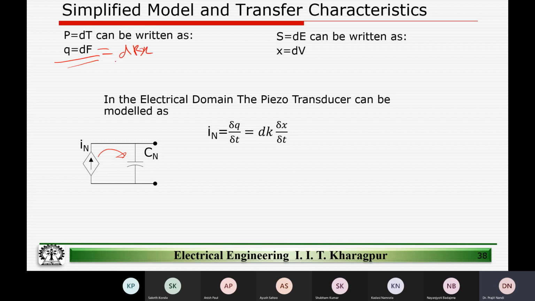So Q is nothing but dF, which is equal to dkx, right? k is the spring constant, which was given by, if you remember from the last time, A L by the compliance S. So dQ/dt is nothing but dk ∂x/∂t. This we can write. Not a big deal, right?